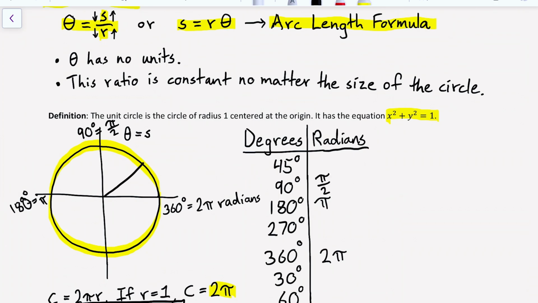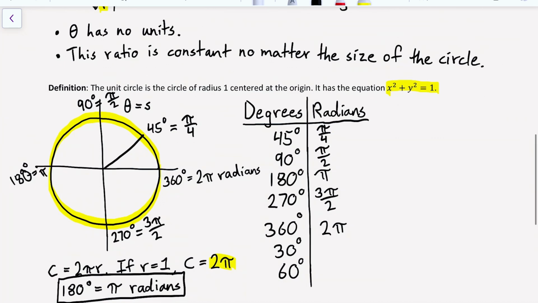If we cut it in half again, we get 45 degrees, and that will equal pi over 4. 270 degrees is at the third quadrant right here. 270 degrees is pi over 2 plus pi over 2 plus pi over 2, so that equals 3 pi over 2. And finally, two other important angles that we often work with, 30 degrees and 60 degrees. We'll add the radian measures for those in a minute.